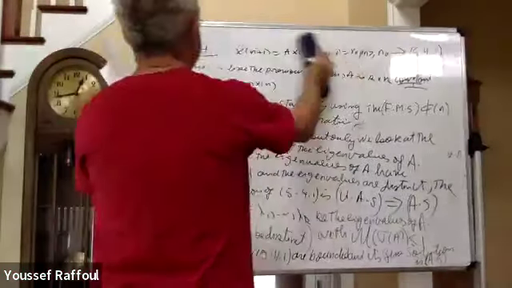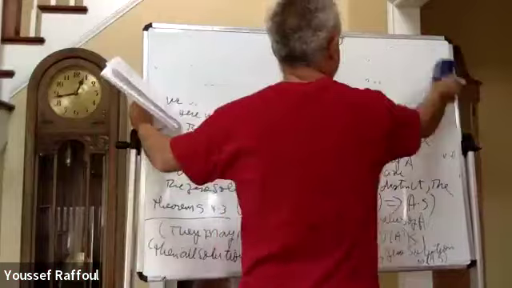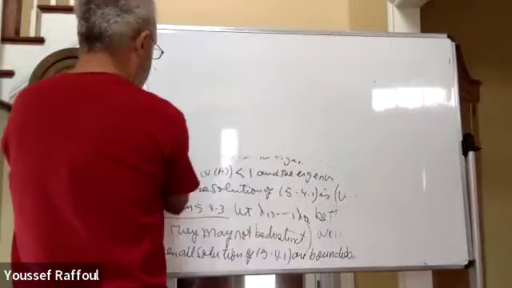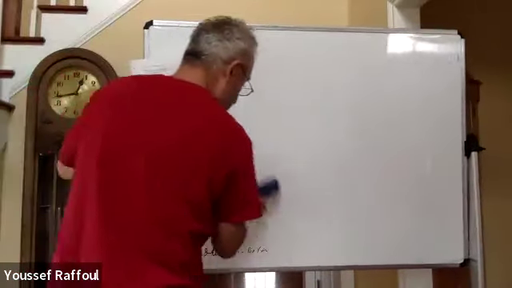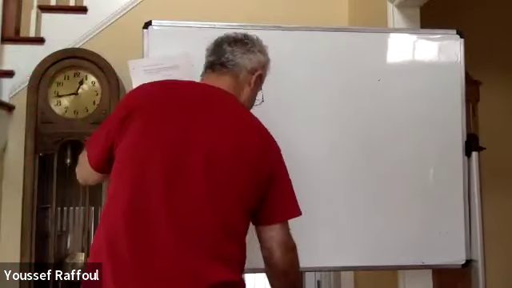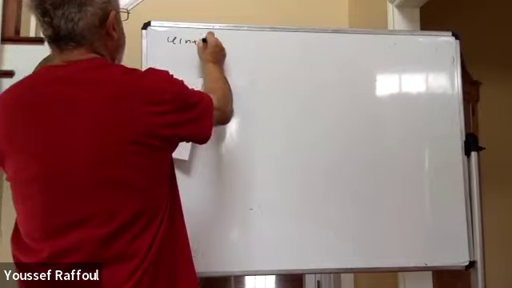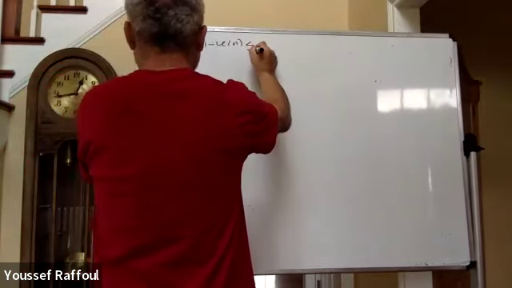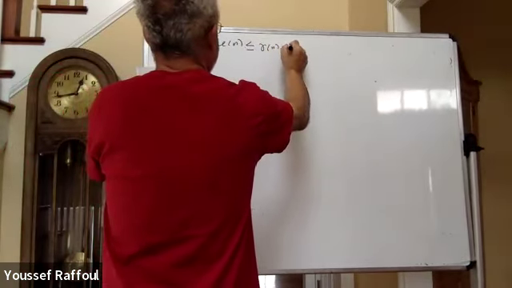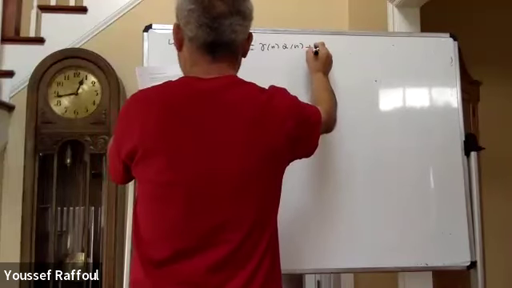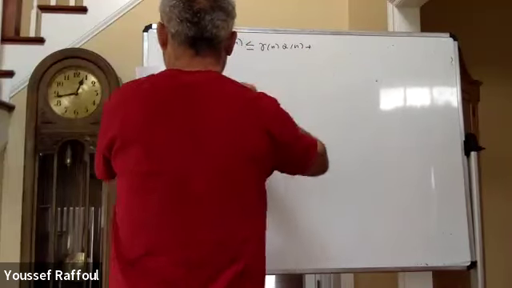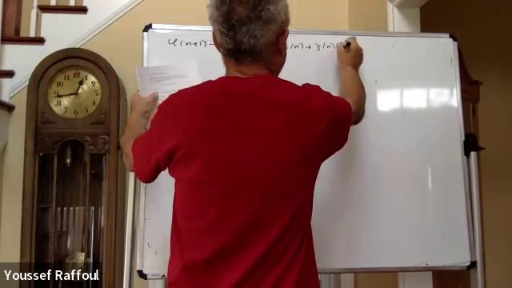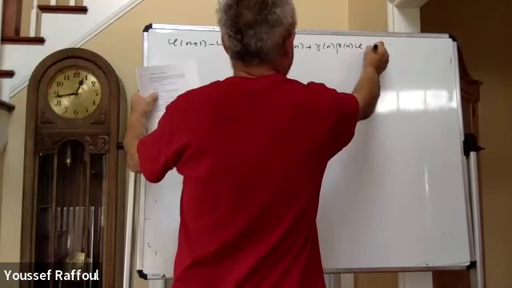So we have phi n plus 1 minus phi n less or equal to gamma n alpha n plus gamma n beta n phi n.